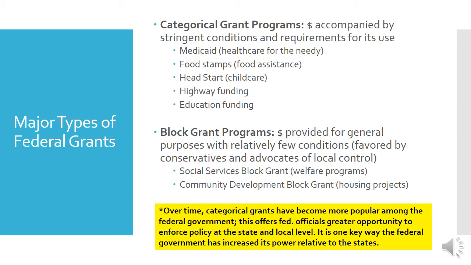It's not necessarily something they have a constitutional role or responsibility in, but if they want to see certain policies enacted, they can get around that by offering money or threatening to withhold money if the states do not comply with these certain conditions. So it's another way that the federal government has increased its power relative to the states over time.